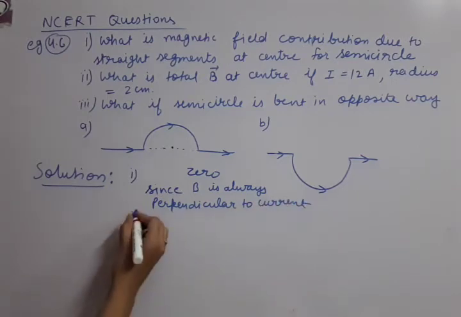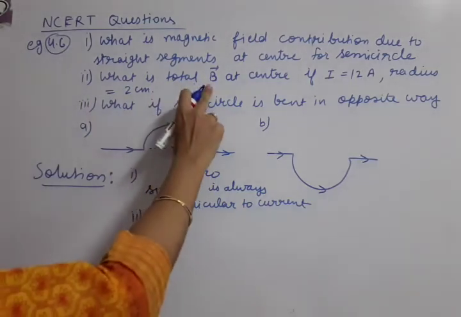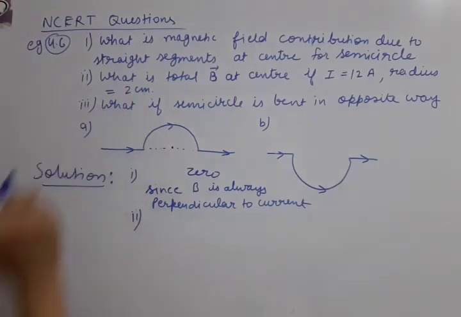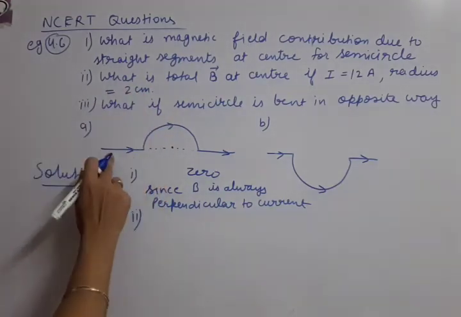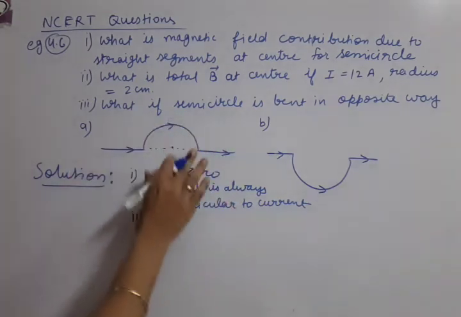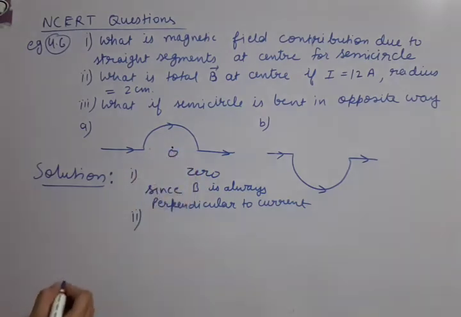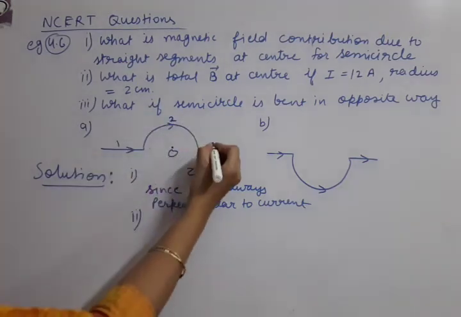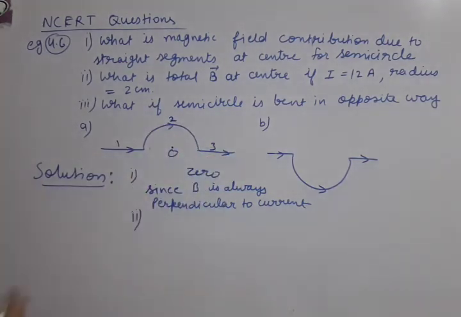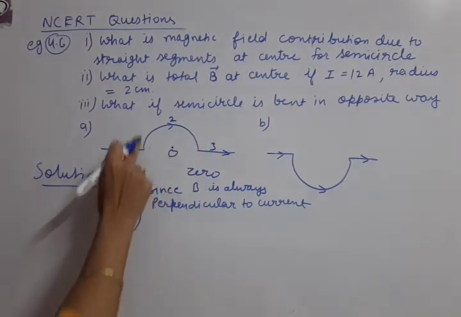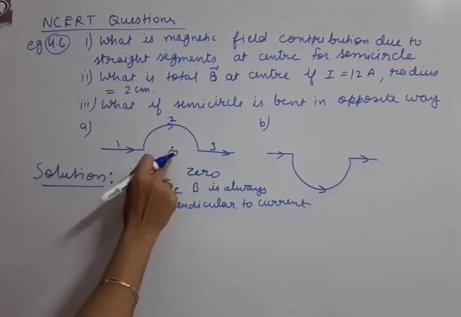Now let us see the second question. What is total B at the center if current is 12 ampere and radius is 2 centimeter? Now here, if we have to find magnetic field at the center O, there are first section, second section and third section, 3 parts of the wire. Due to first and third, no magnetic field here, but due to second, magnetic field is present here.